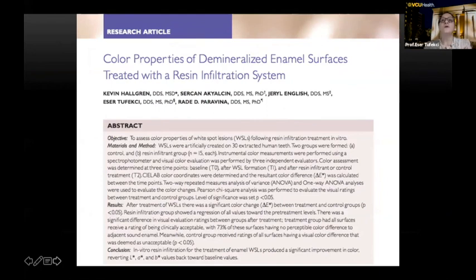When you treat tooth surfaces that had white spot lesions with this resin, what are the aesthetics? So he did a color study, and he reported that there was a significant improvement, and the color properties were similar to that of the enamel.